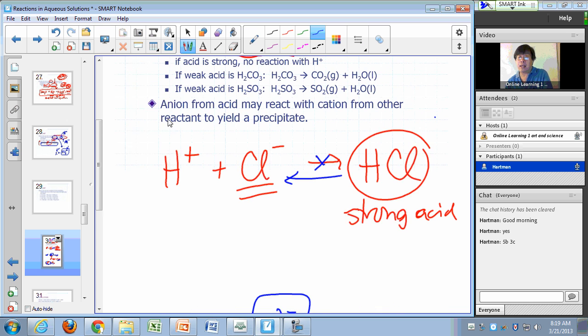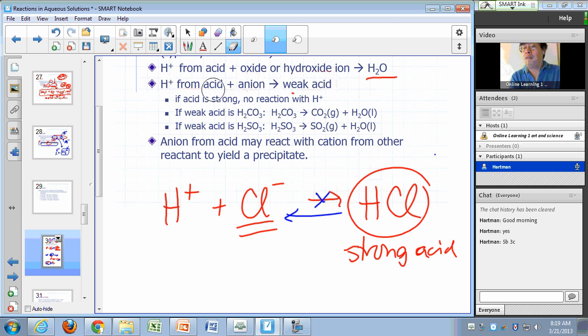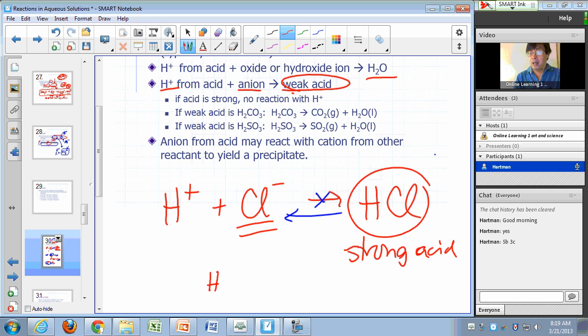So we say that if you have an acid, you can have a reaction between it and another ion if the combination of the H plus and the negative ion will give you a weak acid. So anything besides HCl, and what are the other strong acids we have? HNO3, you cannot get that.